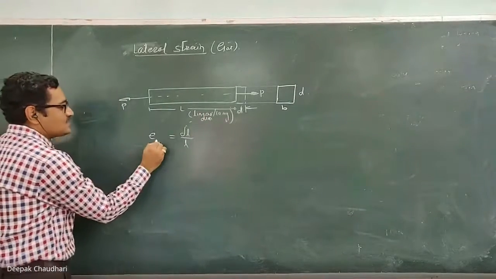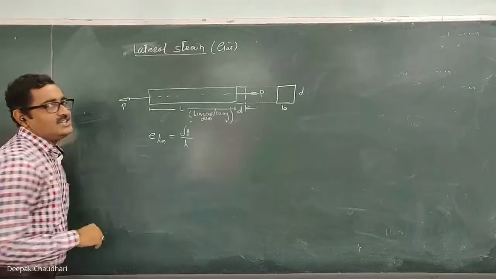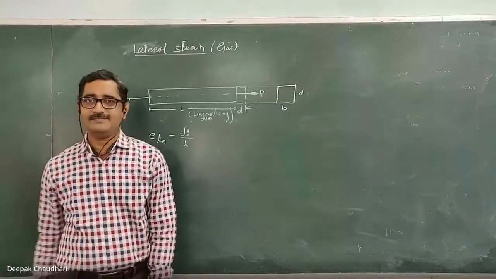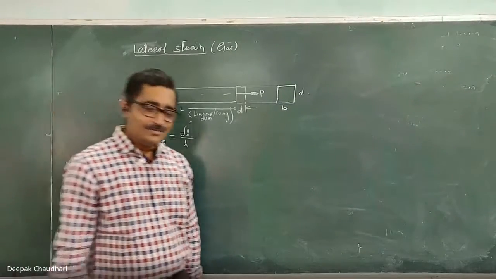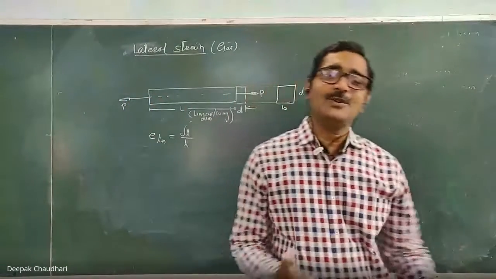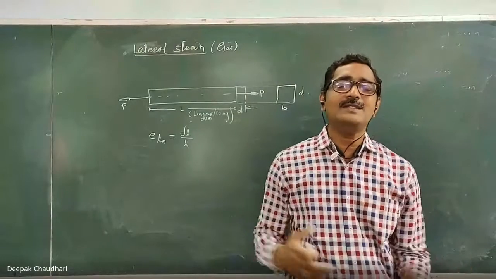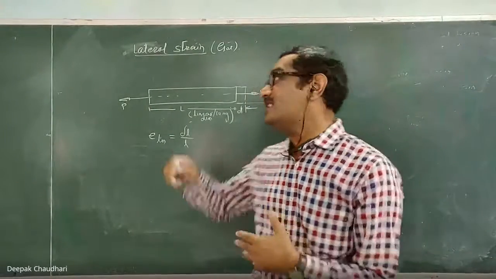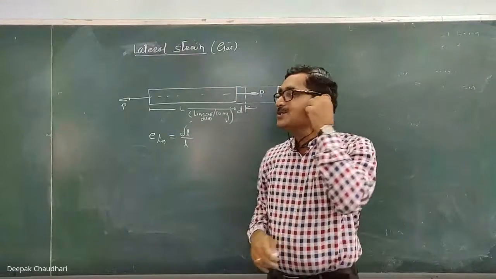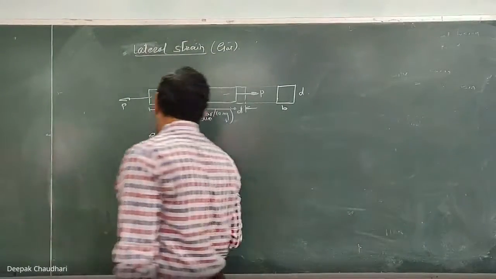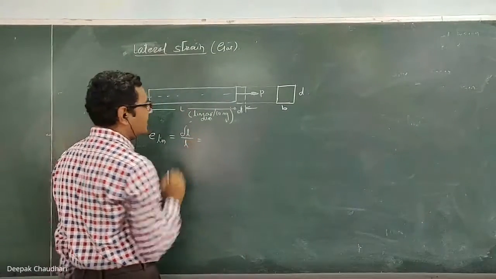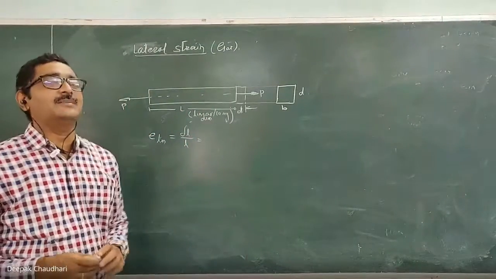Till now we used to say only strain, but now we have to be specific: it is the linear strain or the lateral strain. Linear strain is nothing but the change in linear dimension to the original linear dimension.